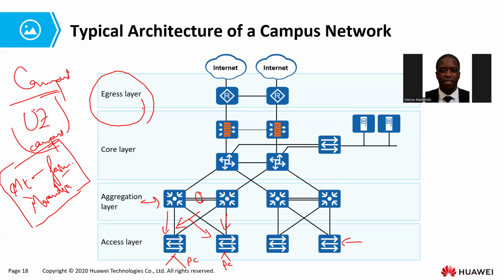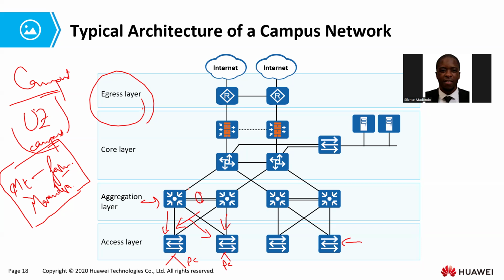This one looks a bit different from what I know, but I think with the core layer and egress layer, if I look at the egress layer, it is probably the exit interface, the exit layer, which connects our network to the outside world, our internet.